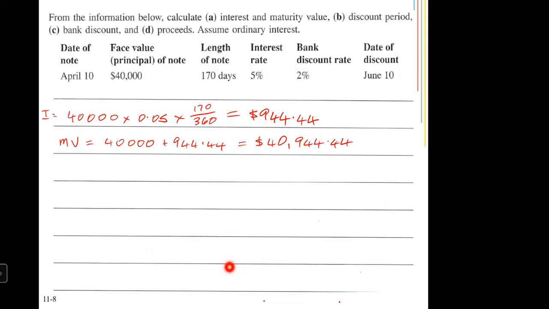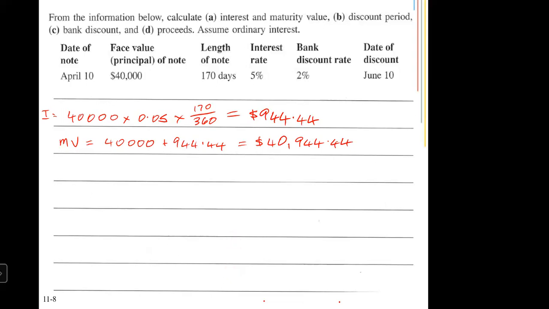Okay, so if the company had held the note for the full period of time, when it matured, they would get $40,944.44. But they're going to discount the note because they need the cash.